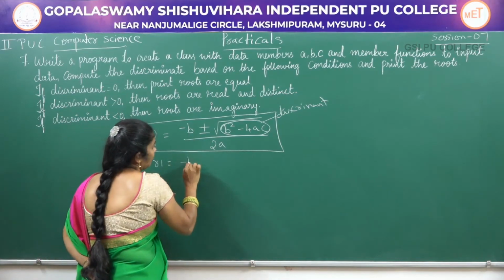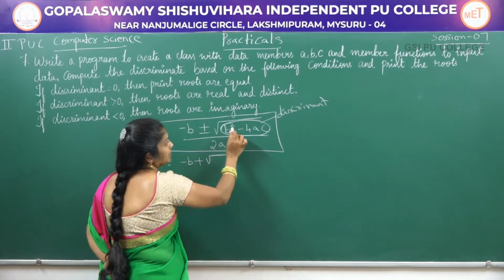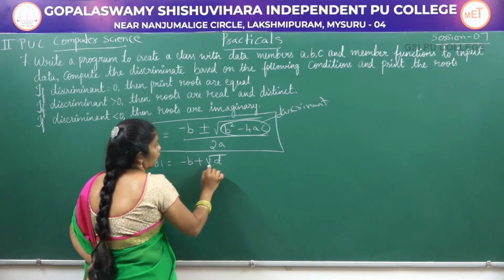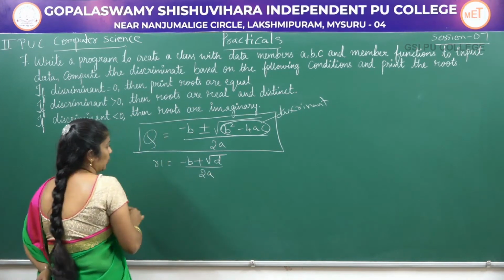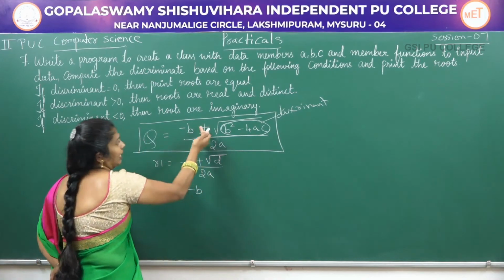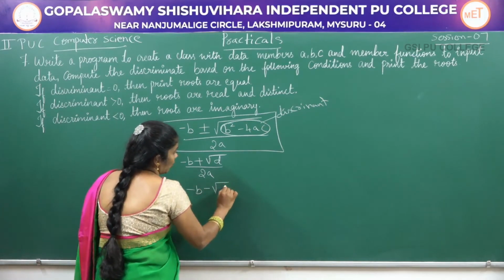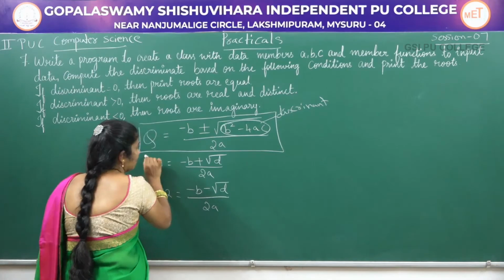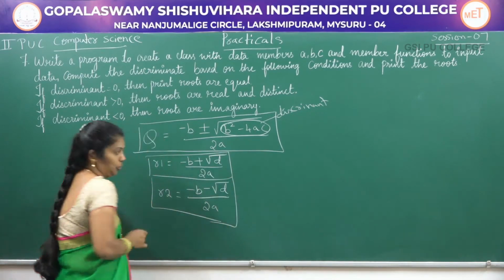Root 1 represents minus b plus square root of b square minus 4ac, which is nothing but the discriminant, that is square root of D, whole thing divided by 2a. Then root 2 represents minus b, in the first case we wrote plus, now it is minus, minus square root of discriminant, whole thing divided by 2a. This is root 1 and this is your root 2.